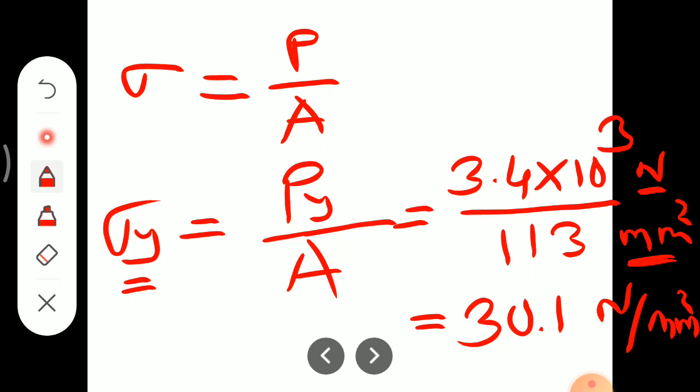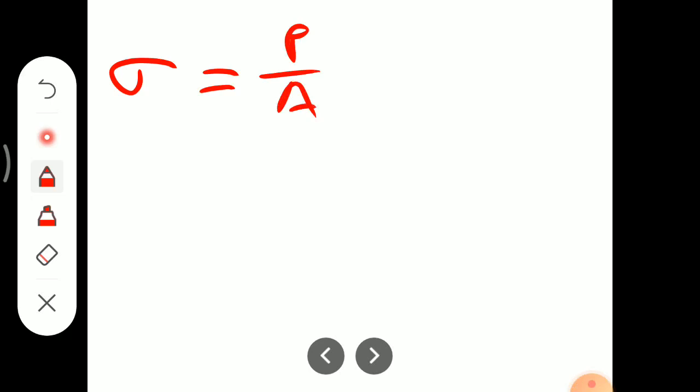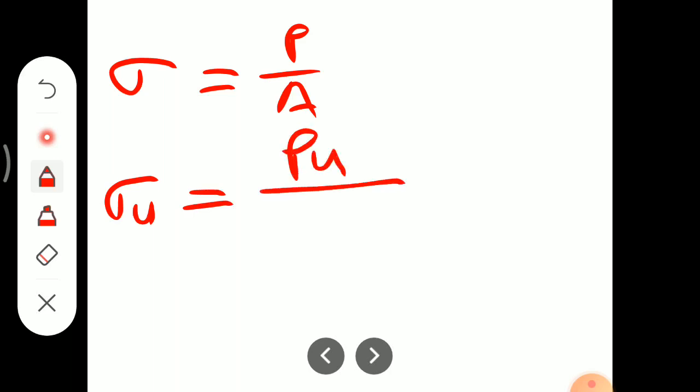Then the second one is ultimate tensile stress. Here also we will use the same formula, sigma is equal to P upon A. We have to find sigma u, the ultimate stress, so we will use the ultimate loading condition.